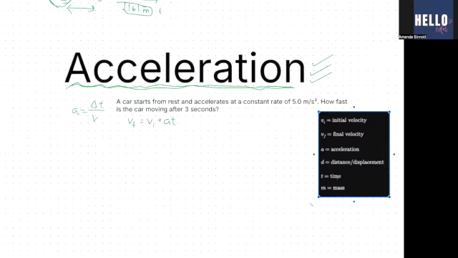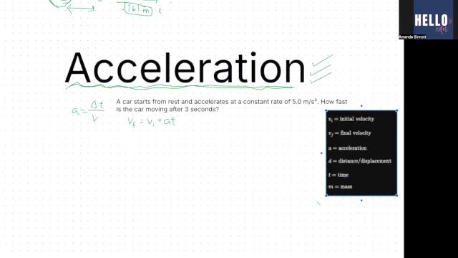What do we know? We have our initial velocity starts at rest. That's a hint that the initial velocity will be zero if it says starts at rest. Acceleration, we have that too. Accelerates at 5 meters per second. Time, we also have right here is our time.